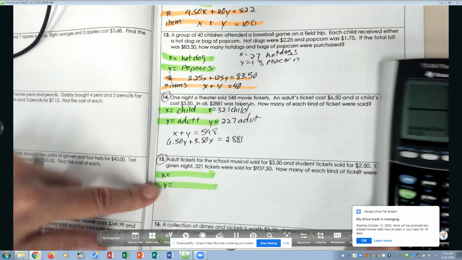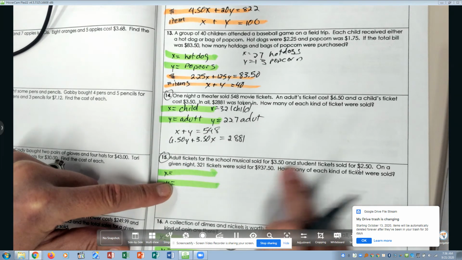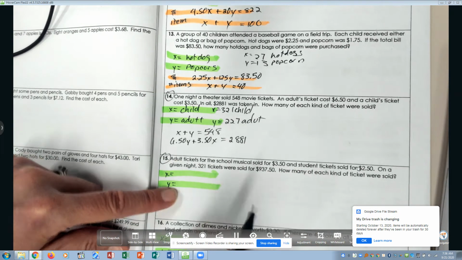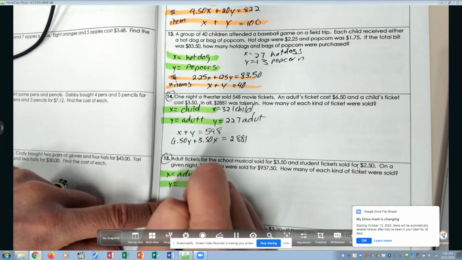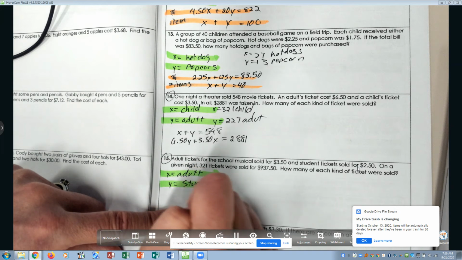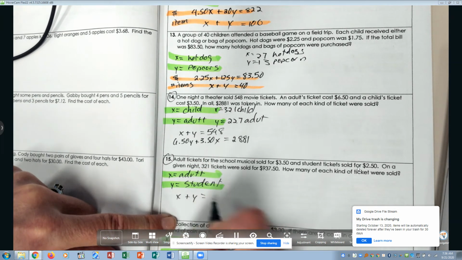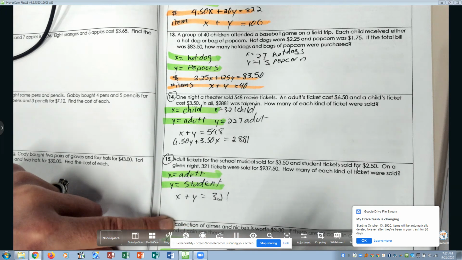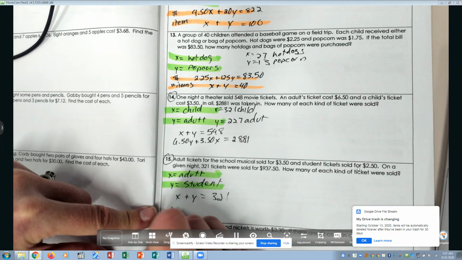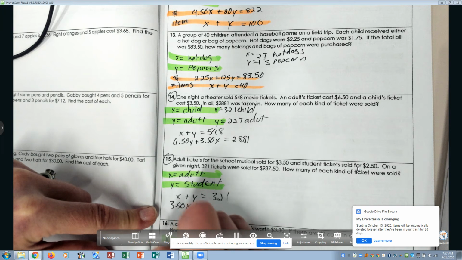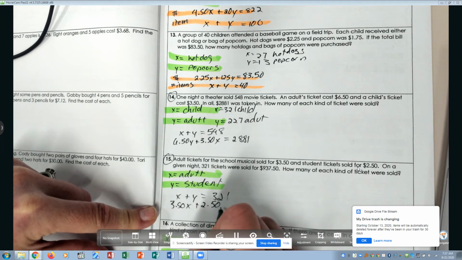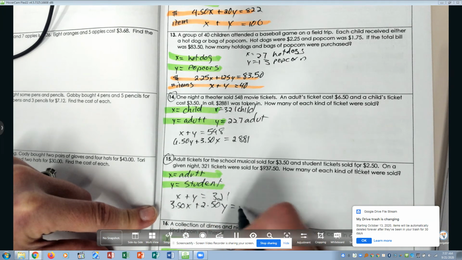All right, for 15, again, we've got student and we got adult. My item equation is some student, some adult, but they sold 321 tickets. My money equation is $350 per adult and $250 per kid, and they sold a total of $937.50.